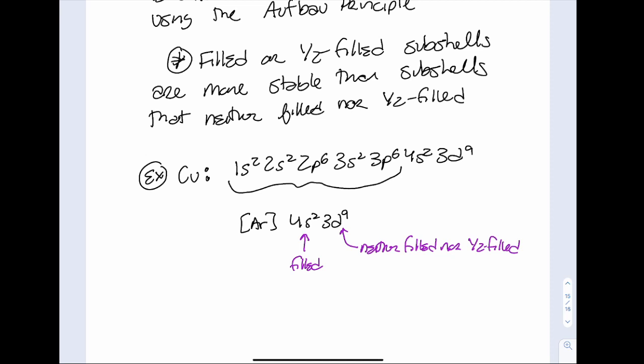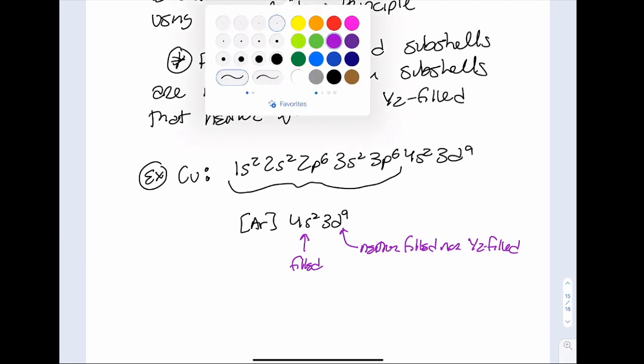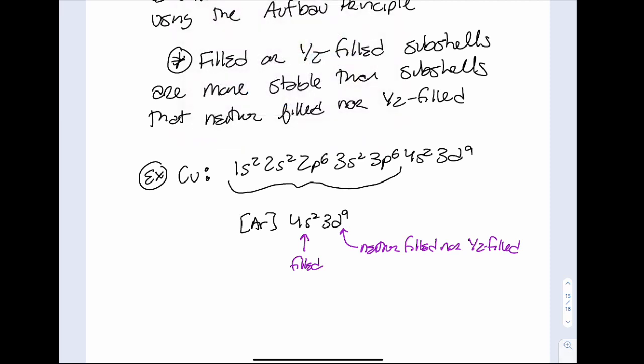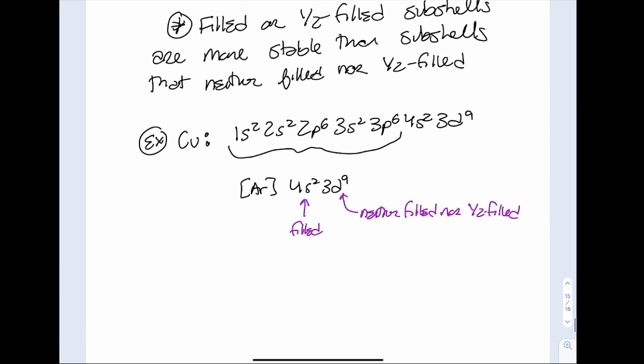But if I was to take one electron from that s subshell and bump it up to that d subshell, I now have s being half filled and d being filled. So I'm actually increasing its stability, decreasing its energy by doing that. So this is my predicted configuration, using the rules that we've gone through.